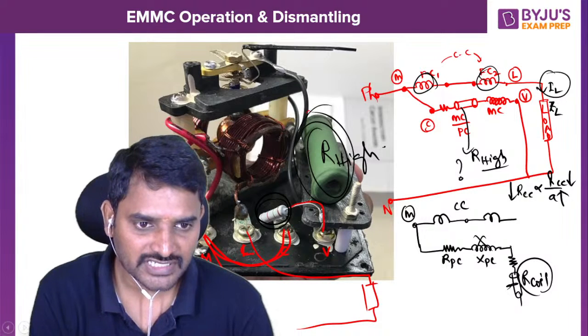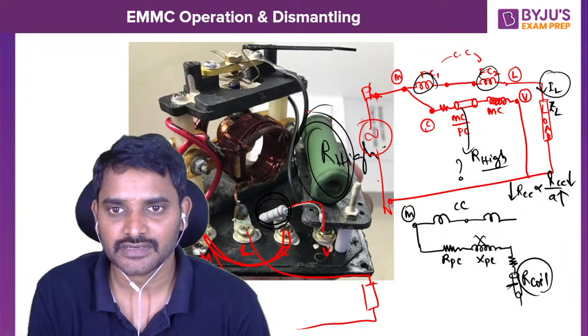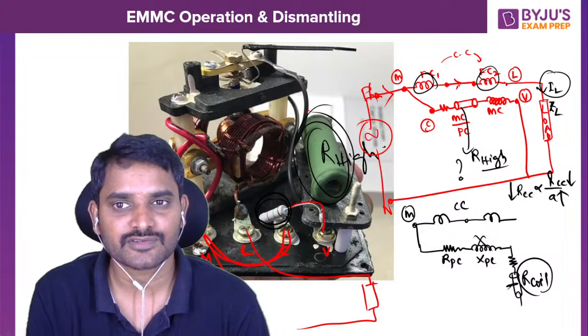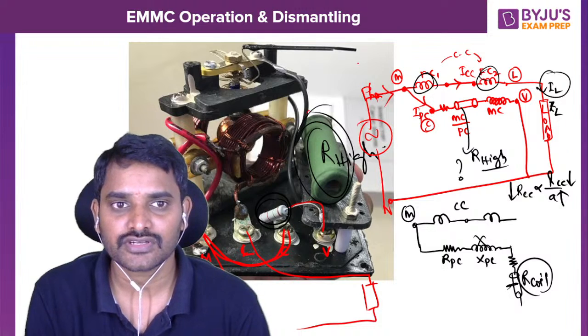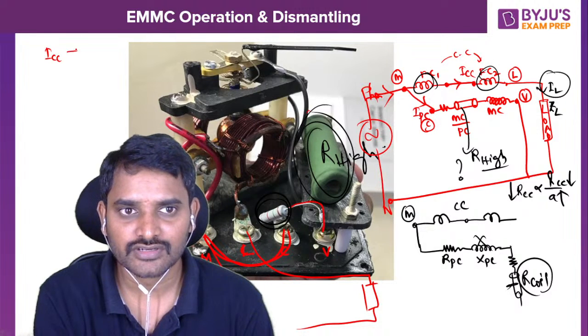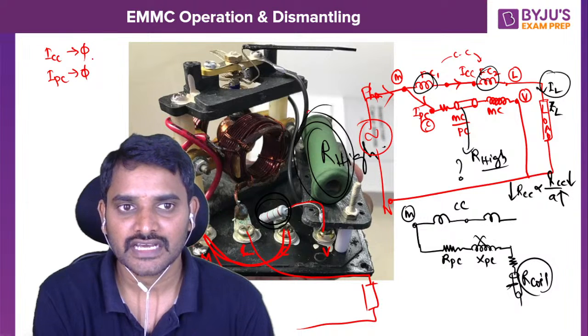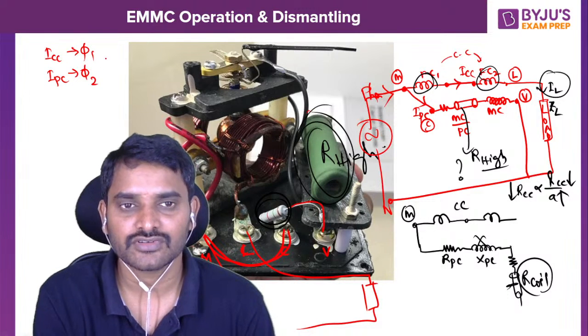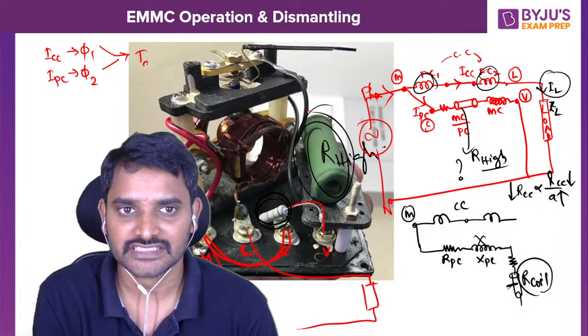So the operation is going to be simple. Whenever you give the supply, that supply is going to drive a current, and that current is going to be divided as ICC and IPC. ICC is going to give you one flux, and IPC is also going to give you one more flux. I can take these as phi 1 and phi 2, and the interaction of these two is going to give you the deflection torque.